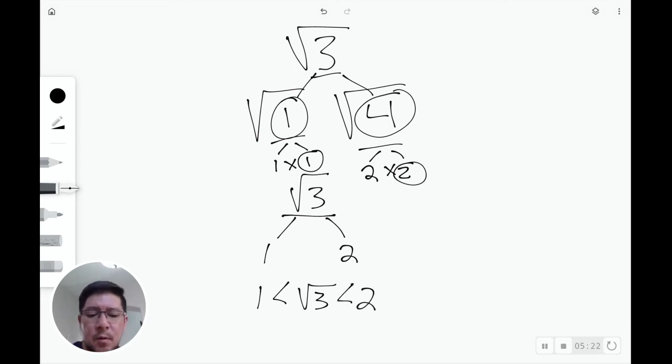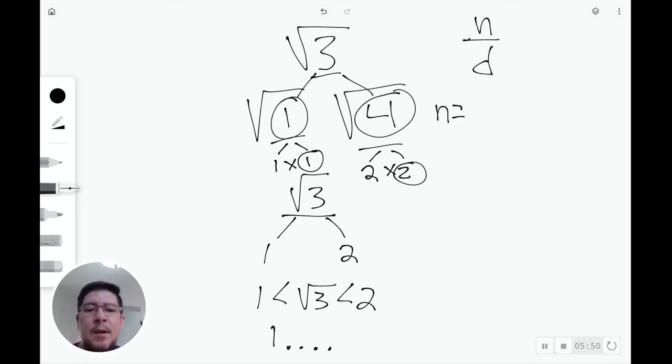In other words, the square root of 3 is going to be 1 and some decimal. Well, how do I figure out what that decimal is? In order to do that, we do a little subtraction. So I know that the square root of 3 is going to be 1 and some decimal or 1 and some fraction. In order to do that, we're going to turn it into a fraction. So when we talk about a fraction, we are talking about a numerator and a denominator. So how do we figure out what the numerator is?